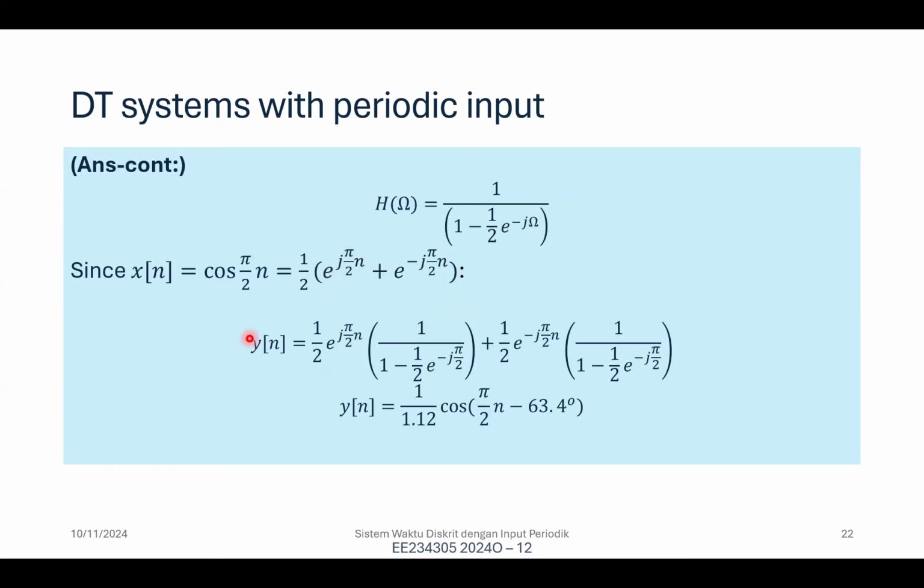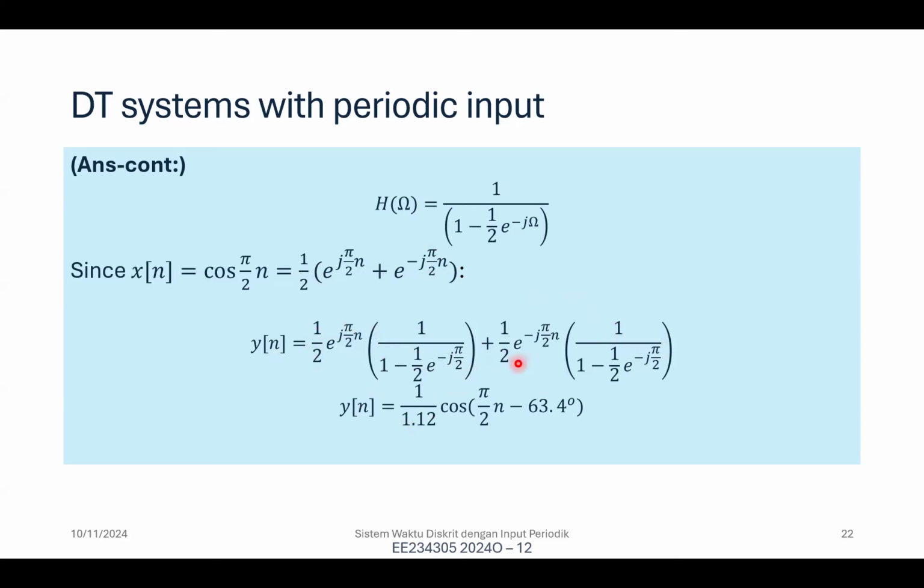And y[n] here is half times e to the jπn/2, and we basically multiply this with this, right? So the ω is π over 2. Then we have this y[n].